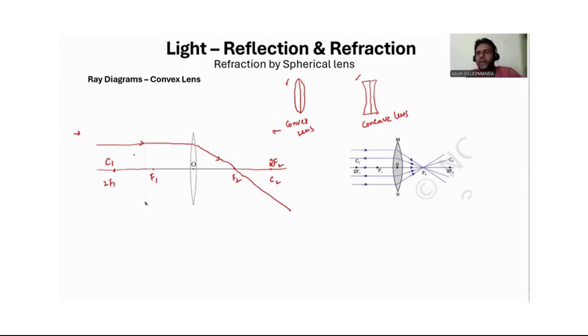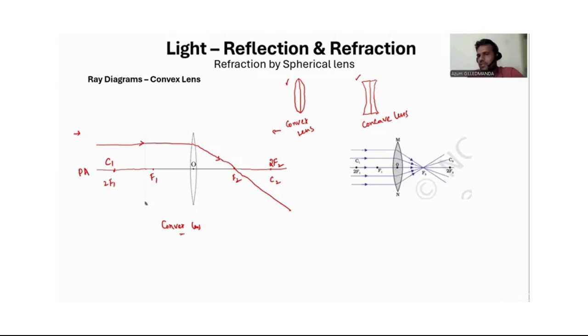So this is the convex lens. When a parallel line hits the convex lens, parallel to the principal axis, the light ray converges and passes through the focus on the other side of the convex lens.